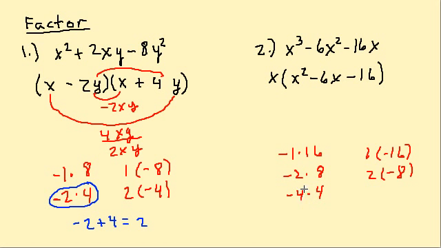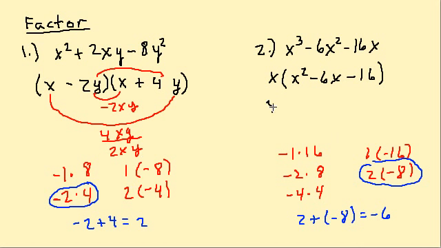So which two add to give me negative 6, the negative 6 here? Well, that's going to be the 2 and negative 8, because 2 plus negative 8 is negative 6.